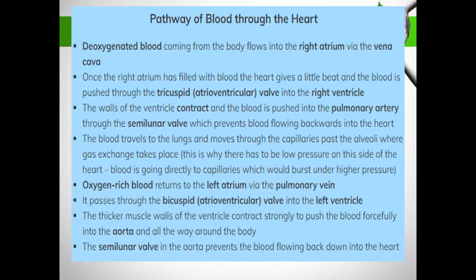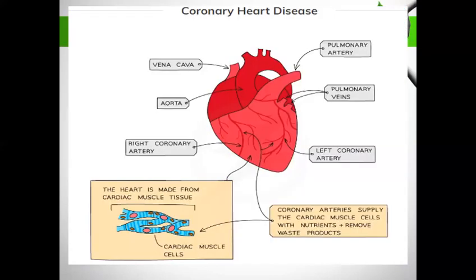One more thing: the chambers of the heart contract and relax. The contraction of the chambers of the heart is called systole, and the relaxation is called diastole. Now, there is one more very important thing, coronary heart disease.